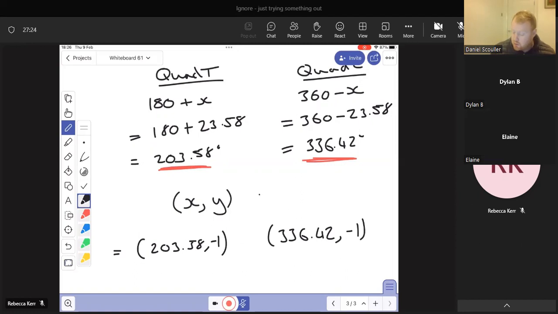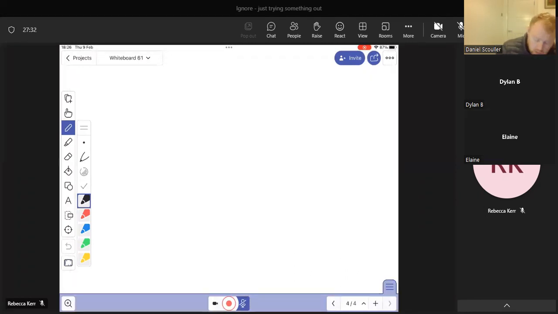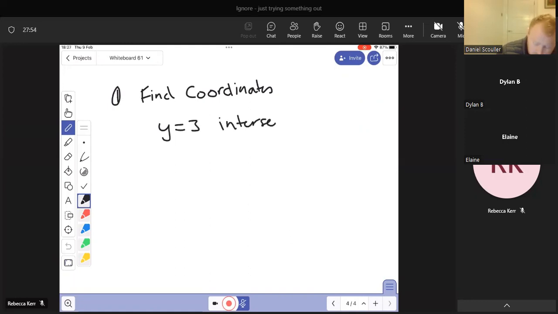Any questions, guys? Okay with that? I'm going to give you a couple to try. So if you have a wee go at find the coordinates of line y equals 3 intersecting y equals 4 tan x plus 1.